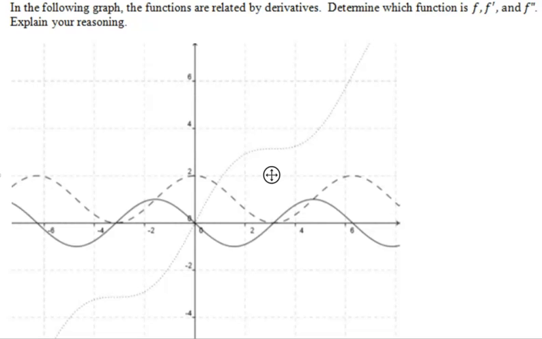Okay, so one thing that stands out to me when I look at this, and we could go about this a lot of different ways, is that the dashed function is never negative. Okay, that's maybe important information, maybe not. So the dashed is always greater than or equal to 0. Okay. I also see that between the solid and the dashed, there's definitely a relationship.